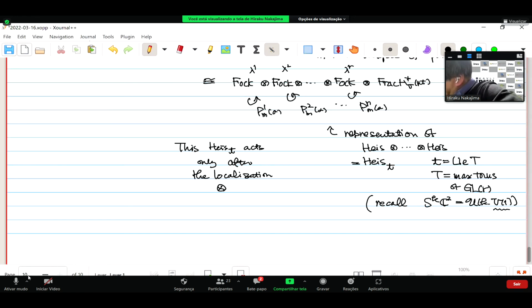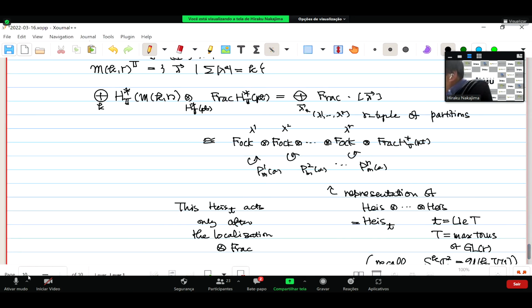Localization means tensoring with the fraction field. Our interest is the genuine equivariant homology, which is defined over polynomials. If you invert something, then the Heisenberg algebra of the torus acts. But this should not be the correct algebra acting on the genuine equivariant homology. It should be some smaller algebra acting on this space.